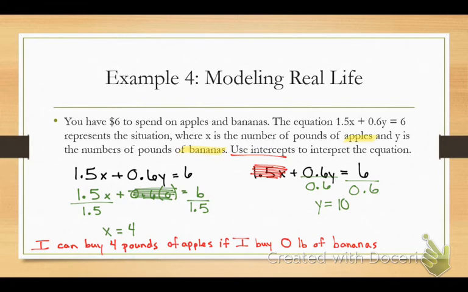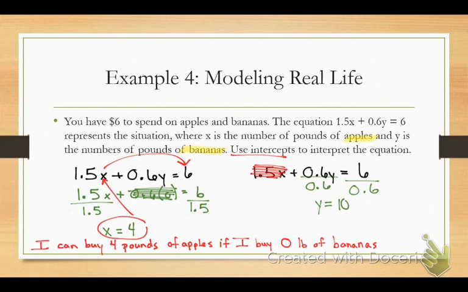Watch this now. Go back to your x value. If you can make this connection, this is kind of like a light bulb moment. x equals 4, right? So if I plug in 4, that means at $1.50 per pound times 4 pounds, guess what that's going to equal? $6. You see that?